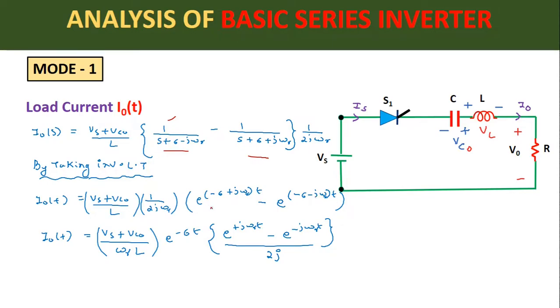Now we will take out e to the power minus sigma t from this equation. We will get this type of equation. Now we will shift this 2j to the denominator of this equation. We are finally getting this equation.